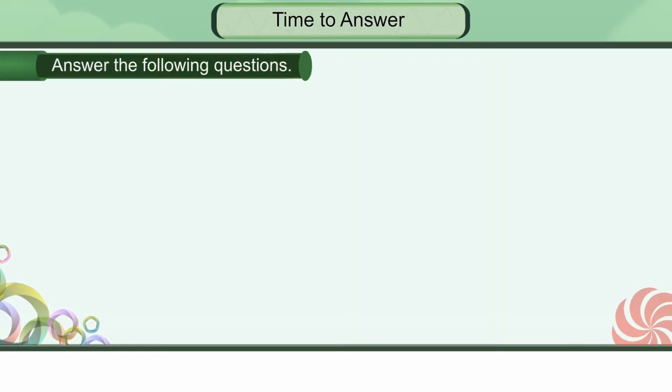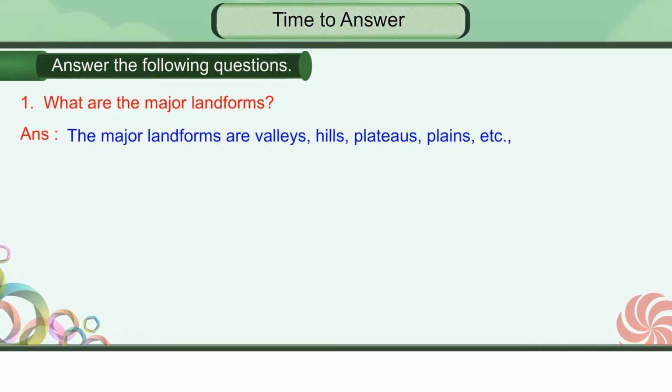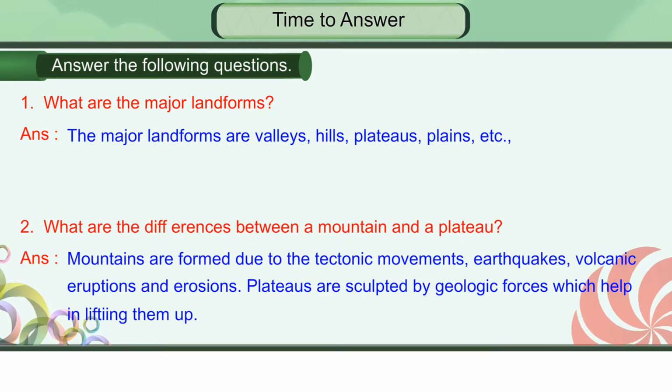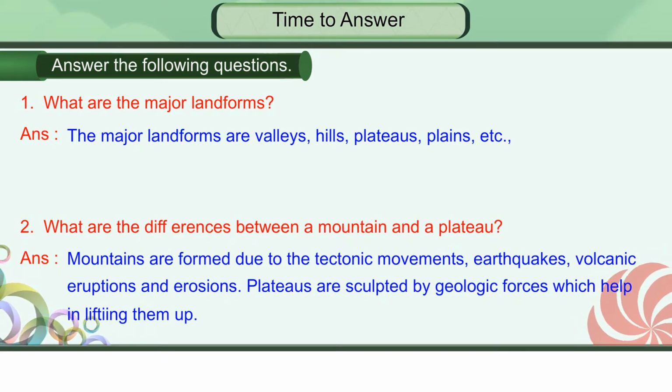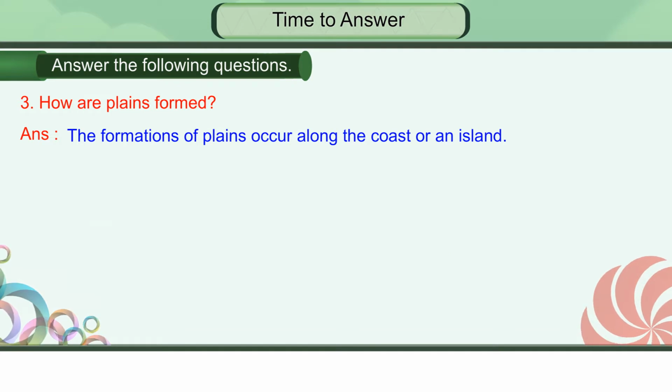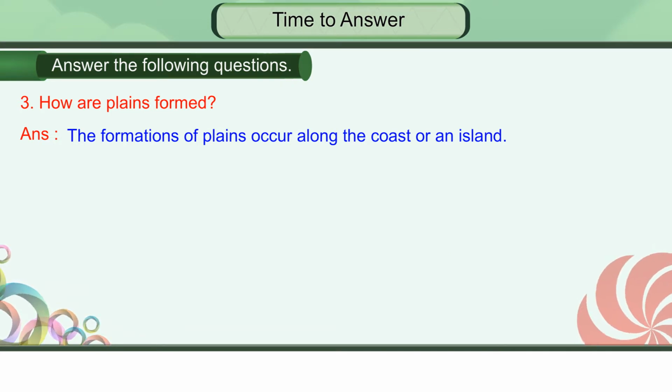Time to answer. For summative and formative assessment, answer the following questions. Conceptual understanding. What are the major landforms? What are the differences between a mountain and a plateau? How are plains formed?